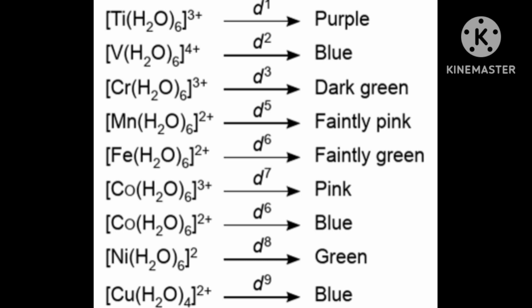Then this chromium forms octahedral chromium 3+ complexes in the alumina lattice, and their d-d transition at these centers gives rise to color. In chromium 3+, d-d transition takes place, which is why it appears colored.